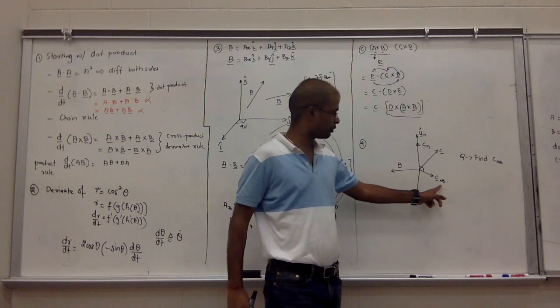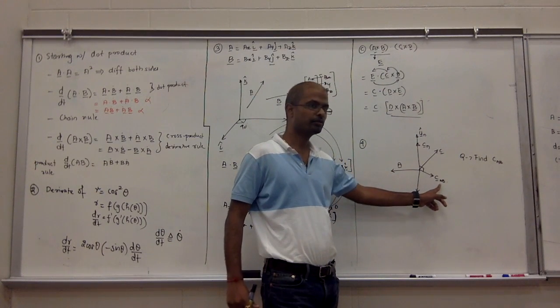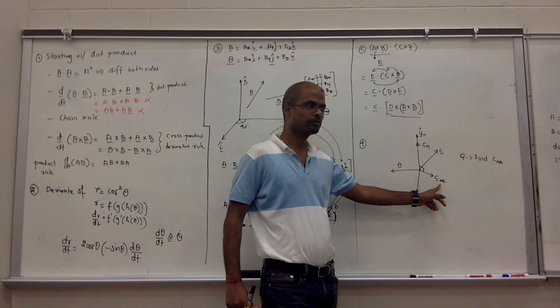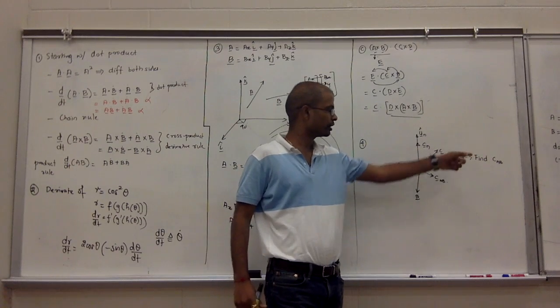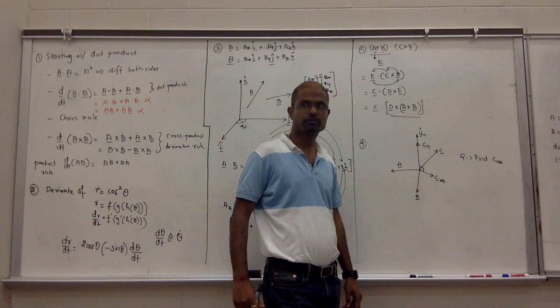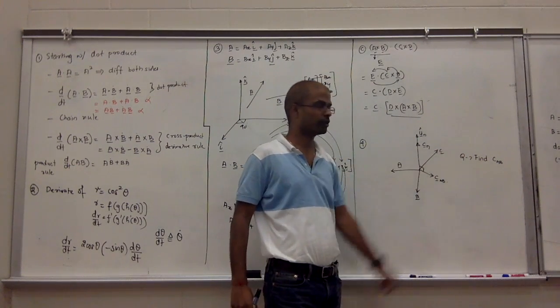It is not this CAB. You realize that? What is the difference between this and that? This is a vector, that is a scalar.